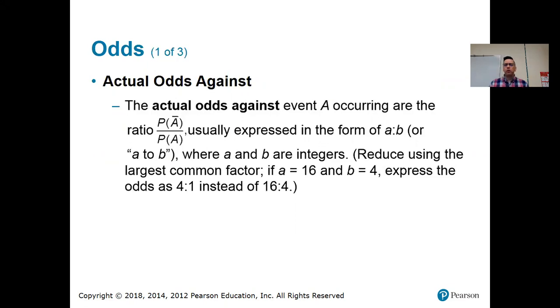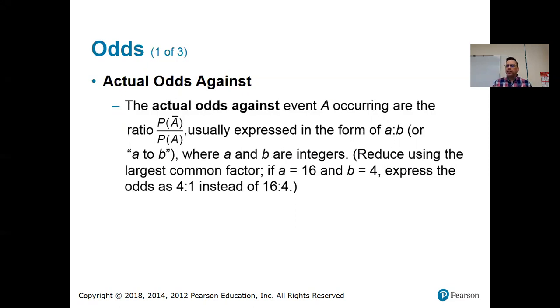Okay, so there's what's called the actual odds against an event, which is the ratio of the probability of A complement over the probability of A. And it's usually written in the form A to B with a colon, where A and B are integers. Okay? And then it's usually reduced to simplest form. So if you had 16 to 4 odds, that's usually written instead as 4 to 1. It's just like how you reduce the fraction 16 over 4 to 4 over 1. Okay, it's just like that.